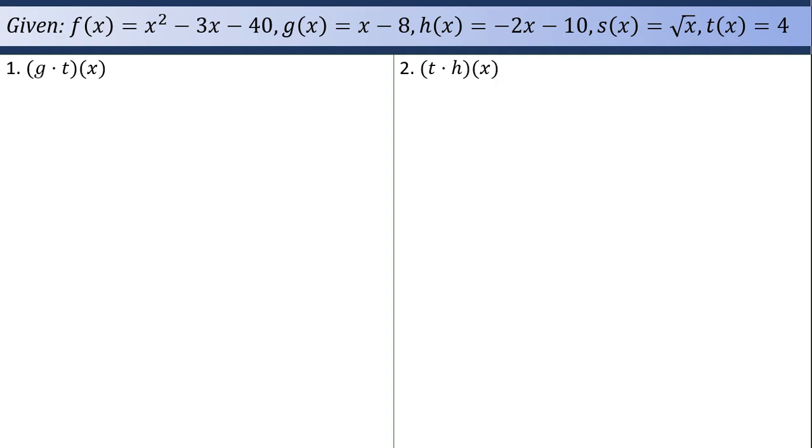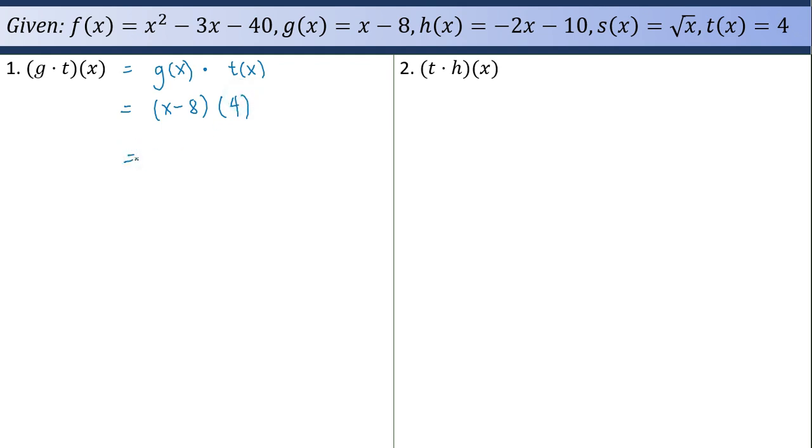Number 1, we have g times t of x. By definition, this is just equal to g of x times t of x. Pero ano ba ang g of x natin? We have x minus 8. Ano ang ating t of x? T of x is just equal to 4.